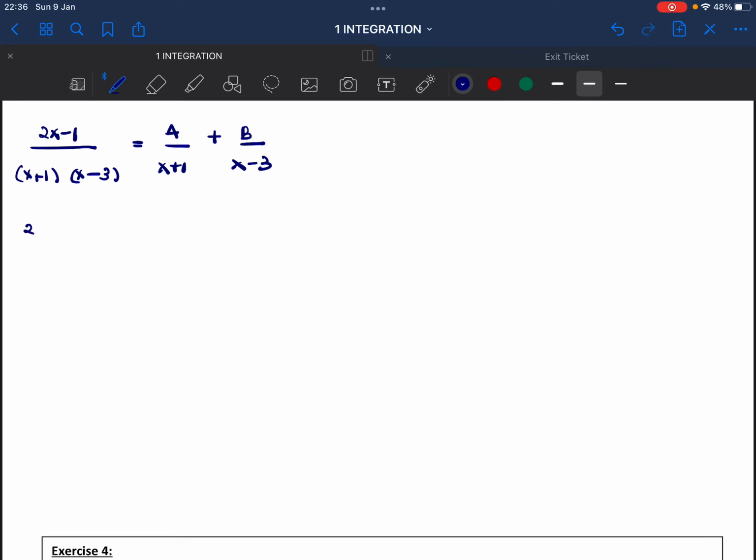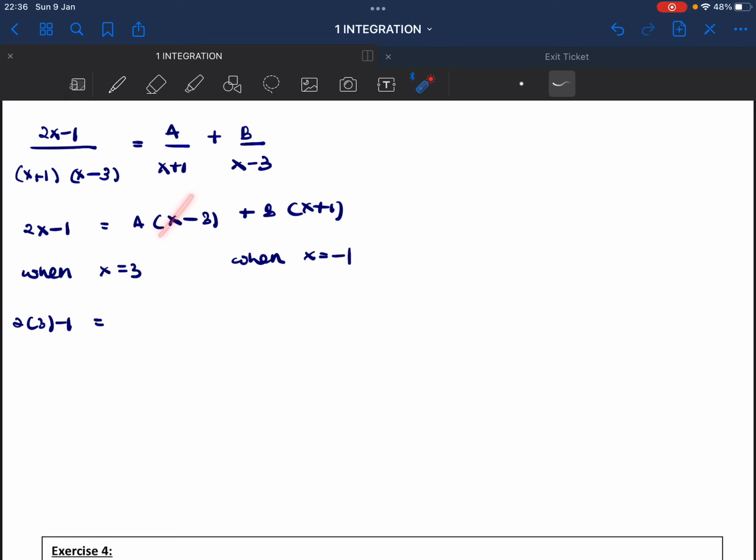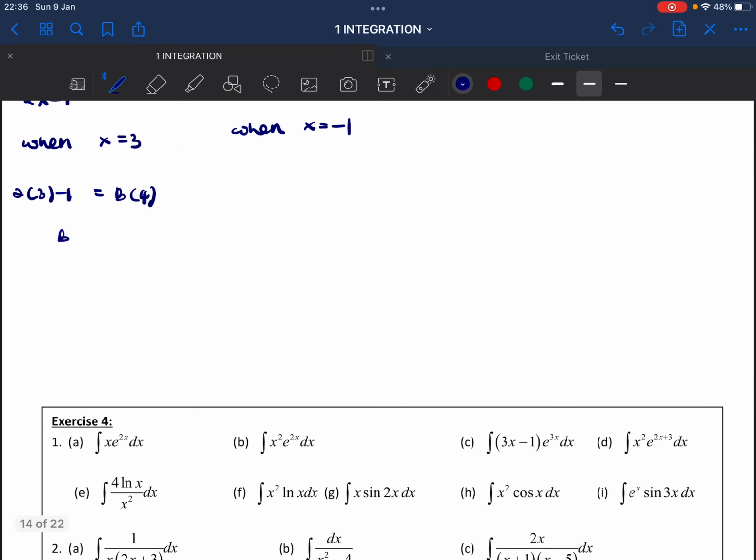Kalau tak ingat, boleh pergi balik kepada video chapter 6 kita. Saya tak nak ajarlah banyak-banyak dekat sini. So here, 2x minus 1 equals A(x minus 3) plus B(x plus 1). Then we let x equal to 3 and x equal to negative 1. When x is 3, we have 2 times 3 minus 1 equals 5. This one will be 0, so that will be B times 4, and you will get B equals 5 over 4.